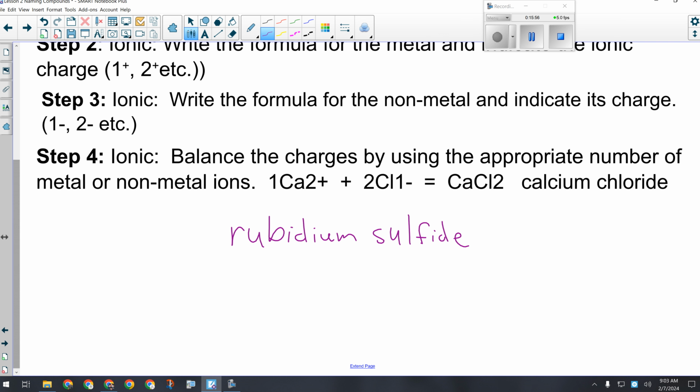Okay, right here. All right, so next step, since I've identified it as ionic, okay, is I write the formula for rubidium. So I go capital R little b, and I write its charge, +1. Sulfide, S. Sulfur is a -2. Okay, and then I just drop and swap those numbers. Whether they're positive or negative no longer matters. Okay, the 2 goes here, the 1 goes there, but we don't write 1s. We're done. Rb2S.